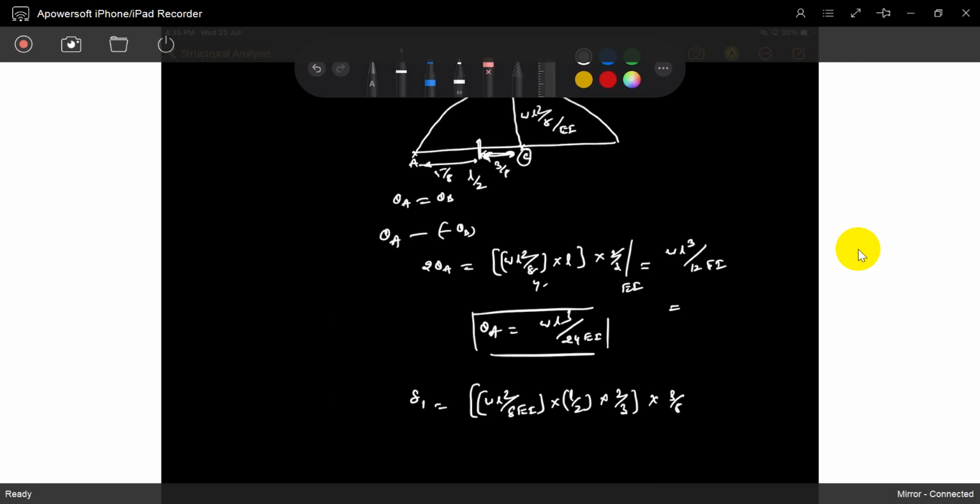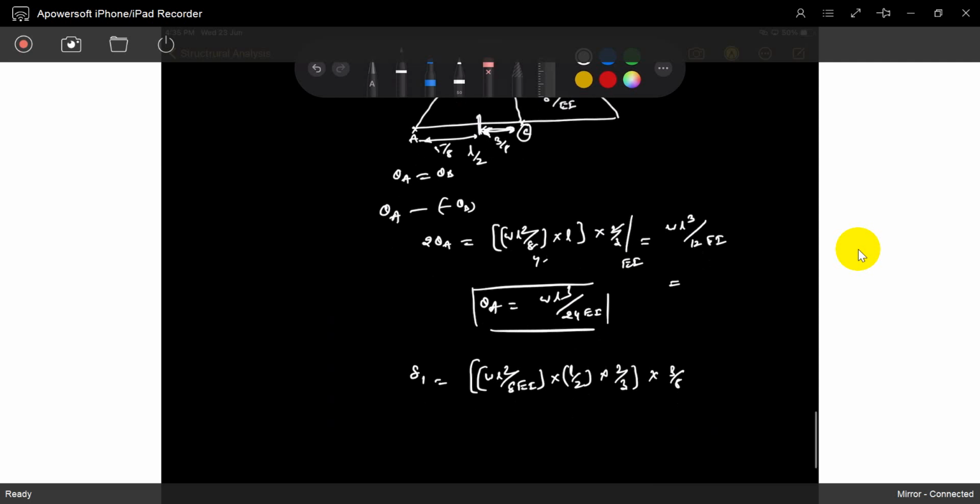The centroidal distance is 3 by 8. So what is the value? The 2 cancels. WL cube by 24EI divided by 8 into 3 into 8, and again the 3 cancels. So WL cube by 8 is 64EI.